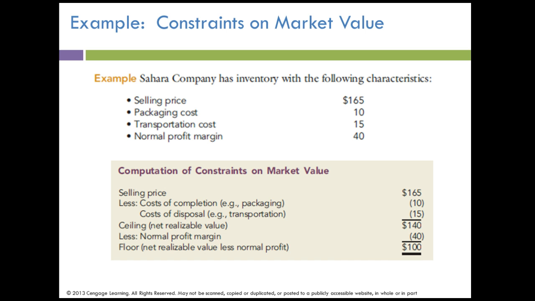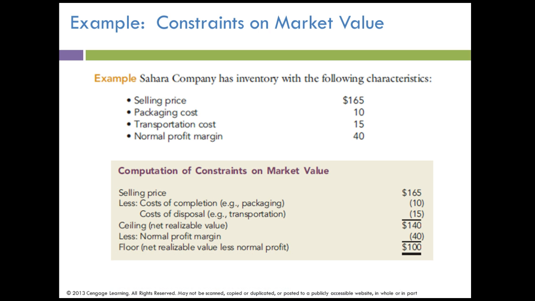So the constraints on the market value would be, we'd take that selling price and subtract out some costs in order to get that sold: the packaging, the transportation, the profit margin. So the net realizable value less the normal profit would be $100. That's the floor.